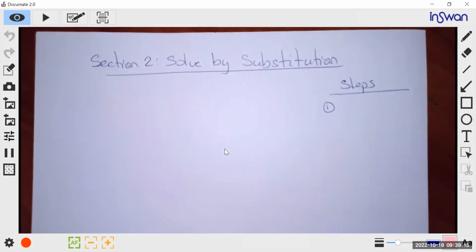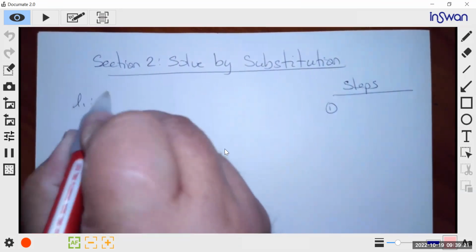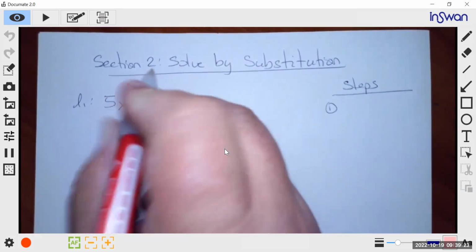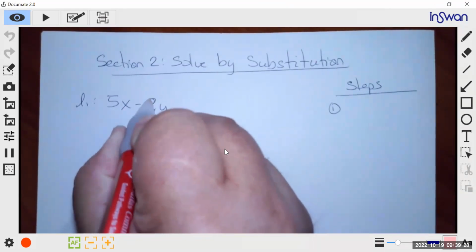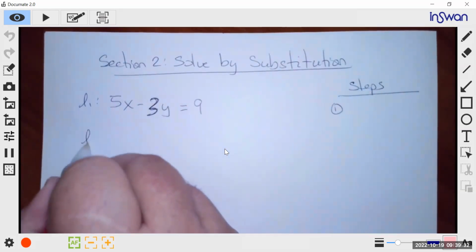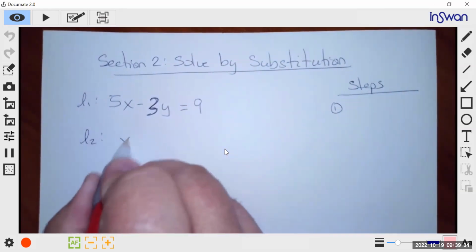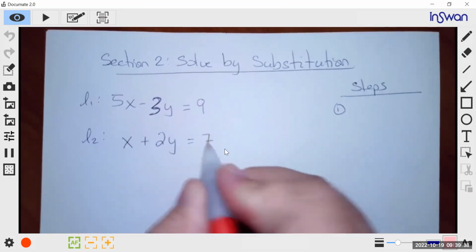I'll pick one example and we'll use that and go from there. So line 1 is 5x minus 3y equals 9. Line 2 is x plus 2y equals 7.